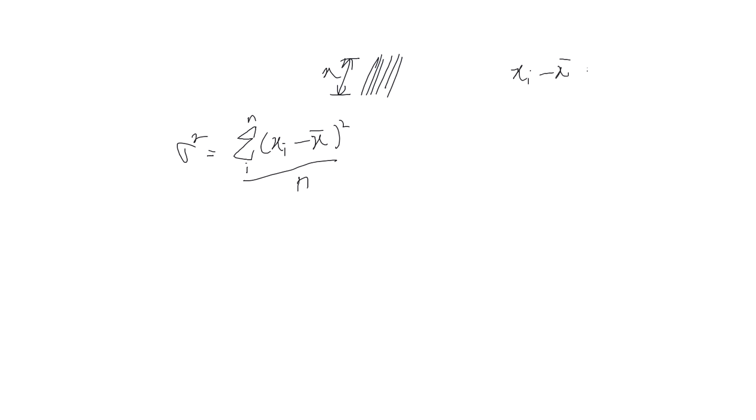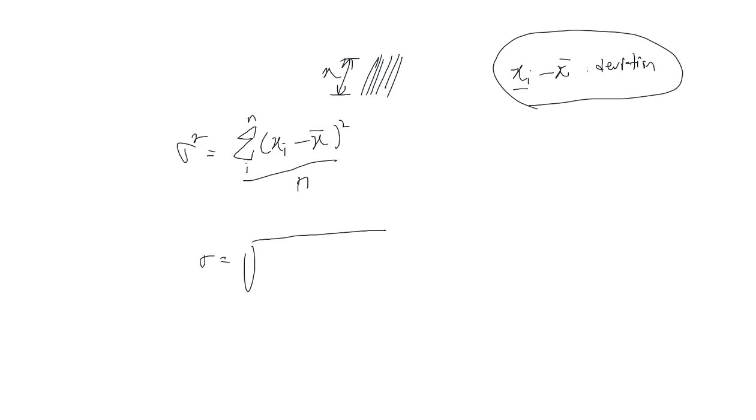We call this deviation, so how much each measurement differs from the mean value. So the variance is the mean of all the deviations squared, and the standard deviation is the square root of that.